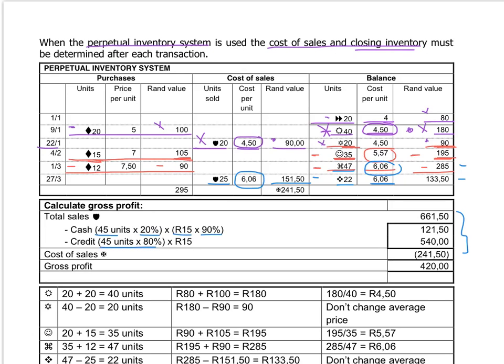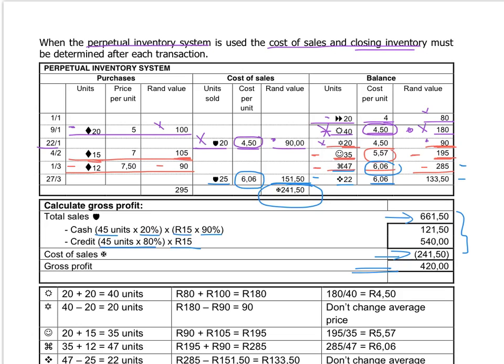There's no discount, so they pay R15, and that will give me the 540. Then for cost of sales, I will go and look in this table, what did I calculate for cost of sales, and I will put that in there as R241.50. And if I subtract the cost of sales from the sales figure, I will determine the gross profit.